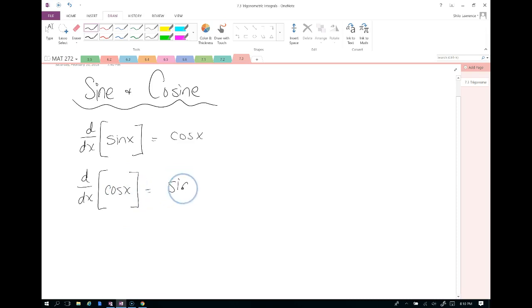Now I'm writing derivatives down because all of these are going to involve u substitution in some way or another. So we need to keep in mind what these derivatives are so we know if our u substitution is going to work or not.